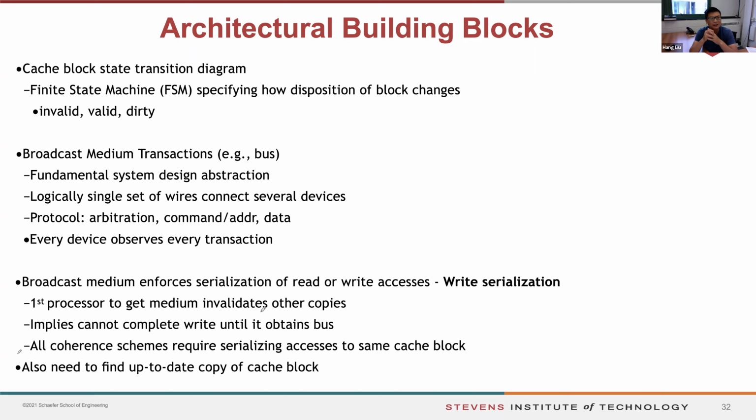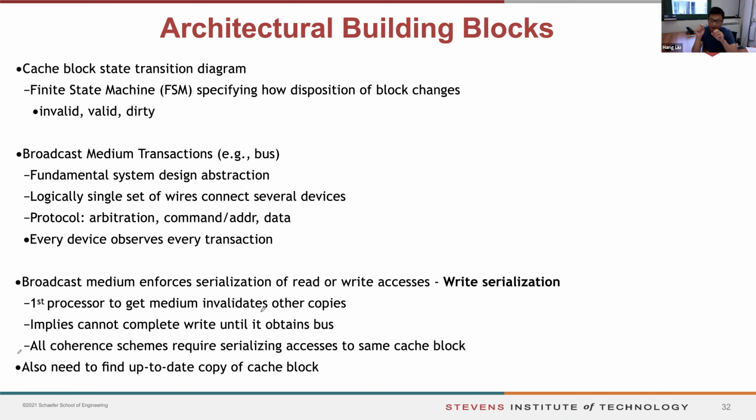This is a fundamental system design, but physically, you definitely have more complications to support that. Logically, we have a single set of wires connecting several devices. That single wire can only allow one piece of information to pass. The protocol steps are arbitration, command, address, and data.